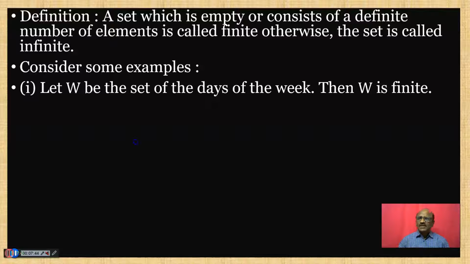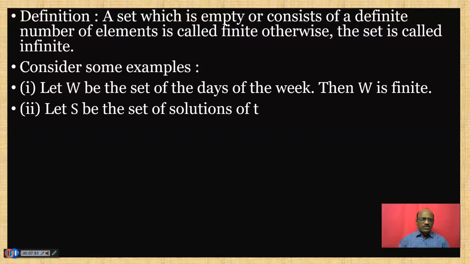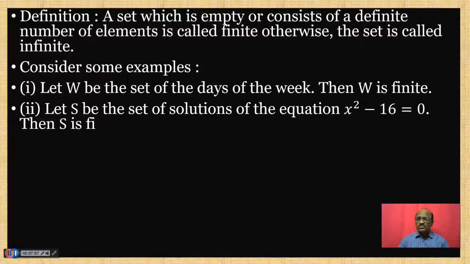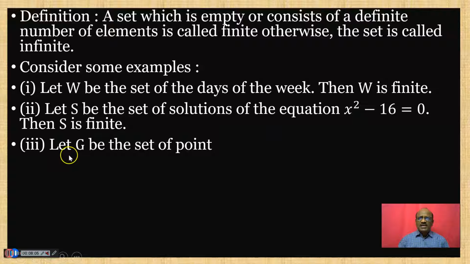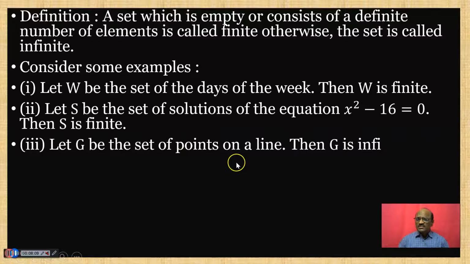Then W is finite. It's clear. Let S be the set of solutions of the equation x² − 16 = 0. Then clearly S is again finite, because the solution set contains ±4. Let G be the set of points on a line. Then G is infinite. We cannot count the points on the line.